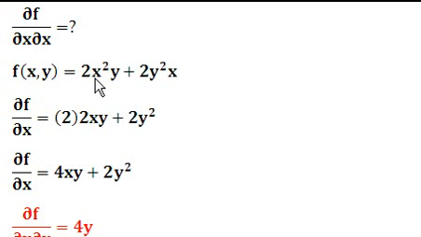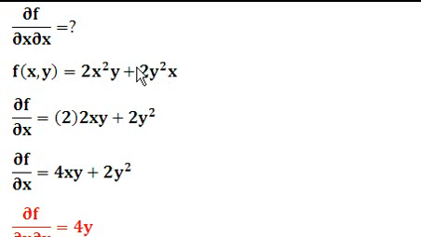So you look for x, and you take the derivative of x squared: you bring the 2 out front and subtract 1 from the exponent, and now we're left with 4xy plus, and now this 2y squared, because it's multiplied by x, we just treat it like a coefficient. Just pretend that this 2y squared is all one single number.